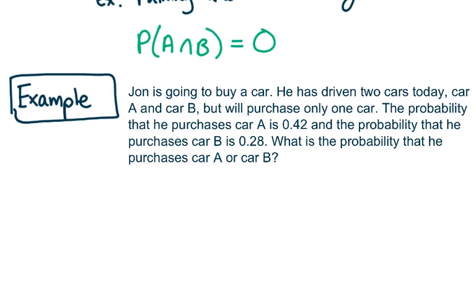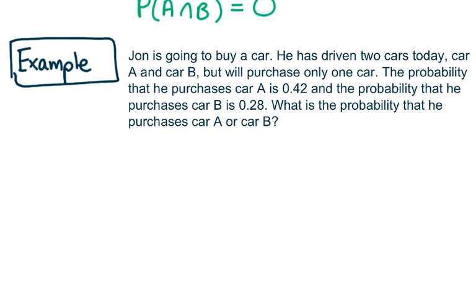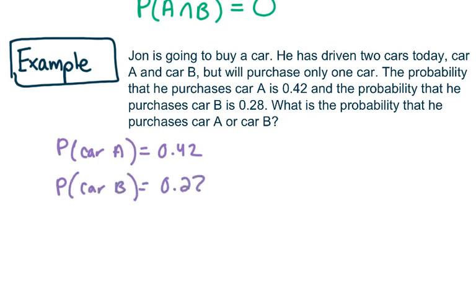So John is going to buy a car. He has driven 2 cars today, car A and car B, but will purchase only 1 car. The probability that he purchases car A is equal to 0.42, and the probability that he purchases car B is equal to 0.28.